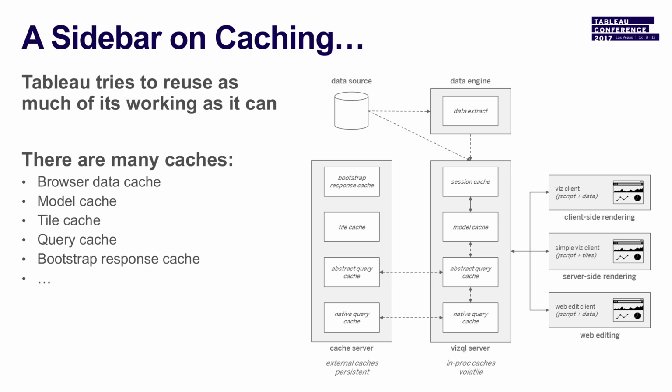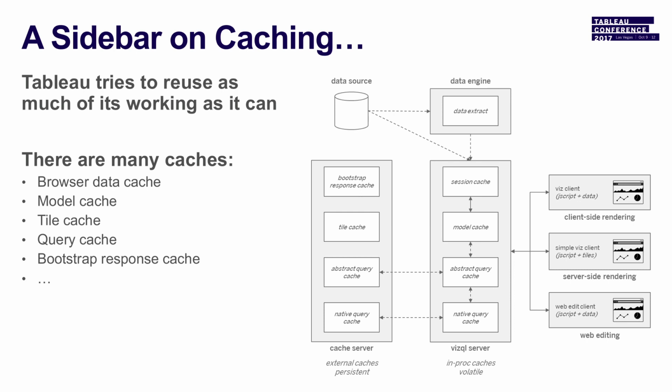So on this point of caching, there are lots and lots of caches that exist inside Tableau. So this is kind of a somewhat simplified diagram, if you can believe it, that sort of talks about the caches that exist inside Tableau server. So there's some stuff that happens within the browser. There's a number of caches that exist within the VizQL server. We also then have what's called the external query cache.